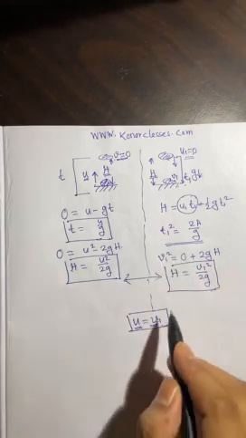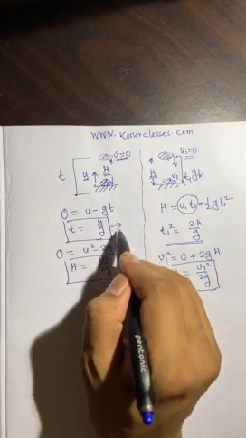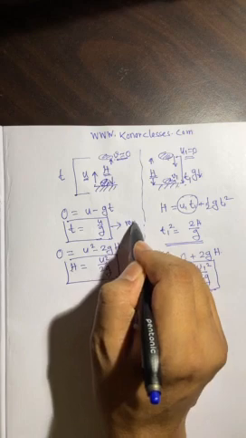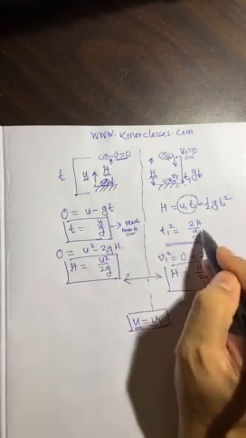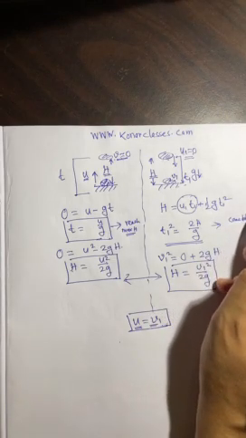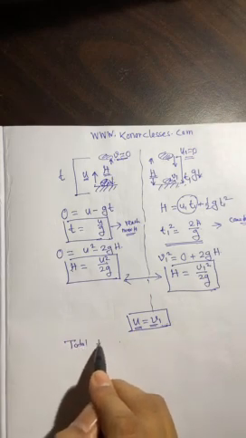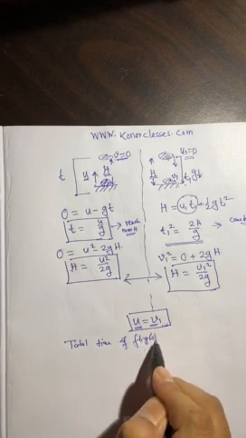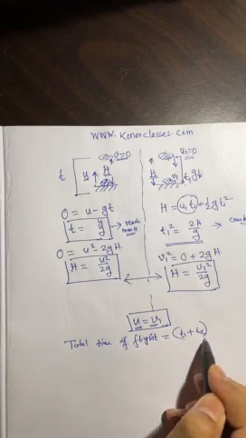Now from the above equations, this is the time to reach the maximum height, and this is the time to come down. So the total time of flight will be t plus t1.